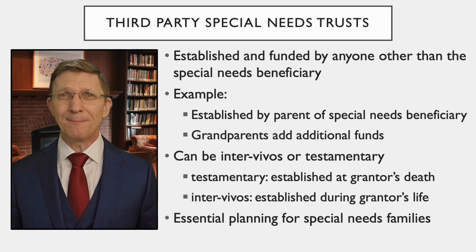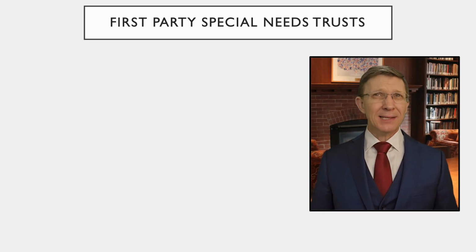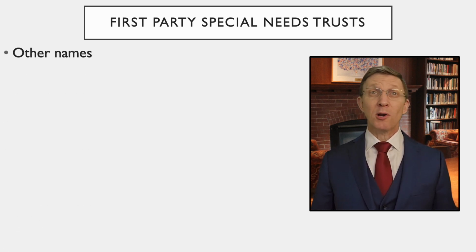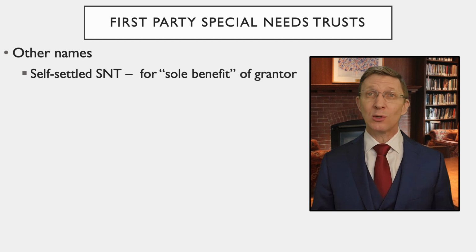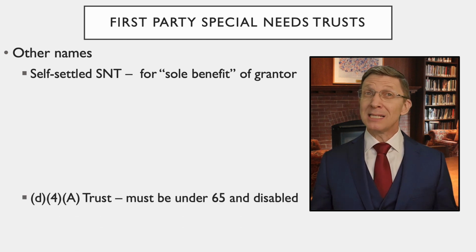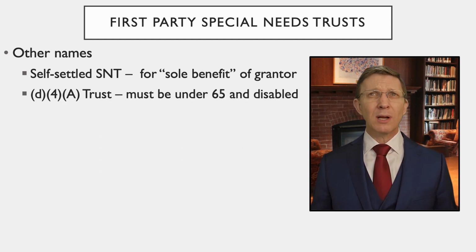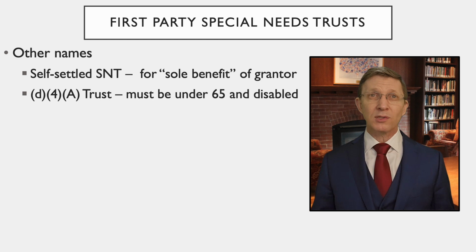The first-party SNT goes by several names that tell us something about this type of trust. The first-party SNT is self-settled because the special needs individual receiving public benefits establishes the trust by transferring assets into it, and the trust is for that individual's sole benefit. The first-party SNT derives the name D4A trust from the section of the Internal Revenue Code that governs the trust.